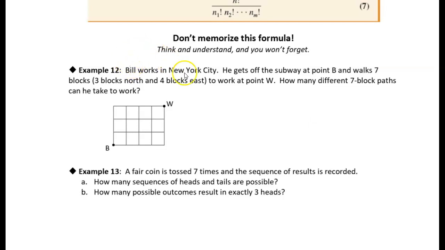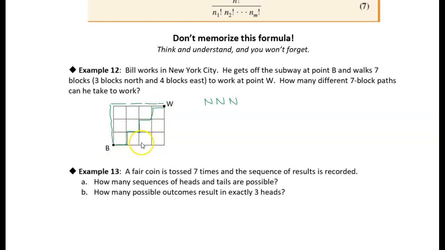All right, so if we're going to restrict him to 7 blocks, we're not going to allow him to walk in circles and stuff like that, then essentially he has to go 3 blocks north, right? I could call that N. So he could go up 3 blocks north and 3 blocks east, or he could go east and north and east and north and east and north and east.